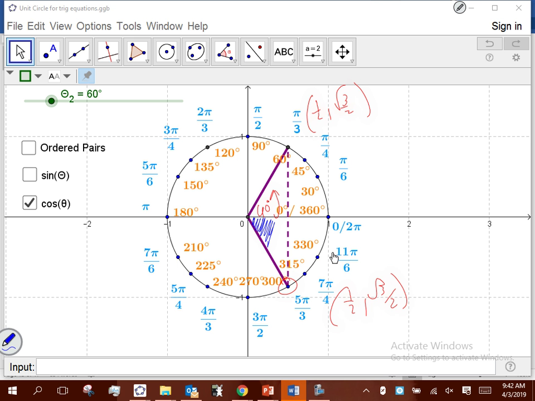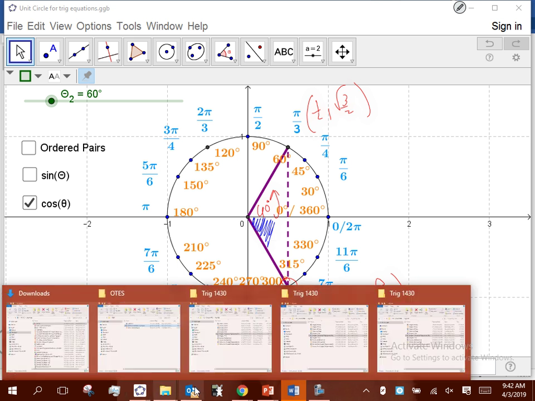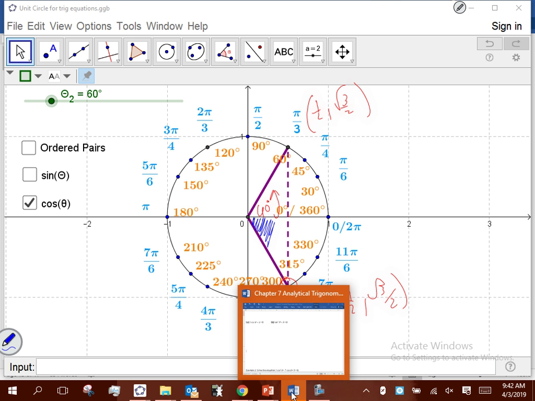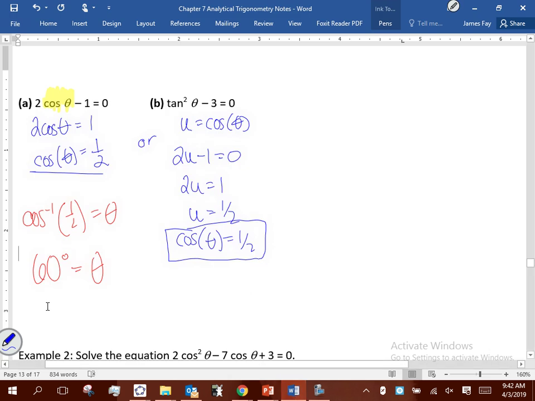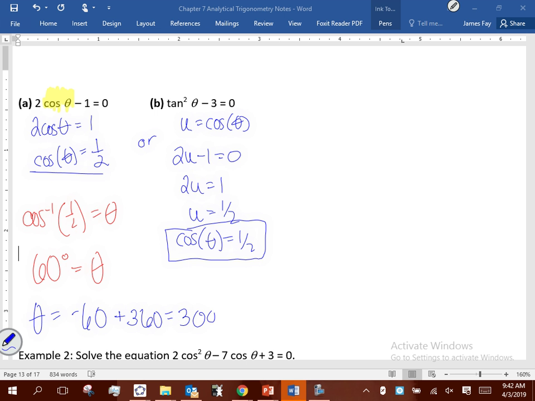It'd be 60 degrees, but it's going in the negative direction, so we'd label it as negative 60 degrees. Now, we don't like to write negative 60 degrees as our solutions. So if negative 60 shows up, so theta is also equal to negative 60, what should I do to that to make it positive? Add 360 to it, and now I get 300 degrees.